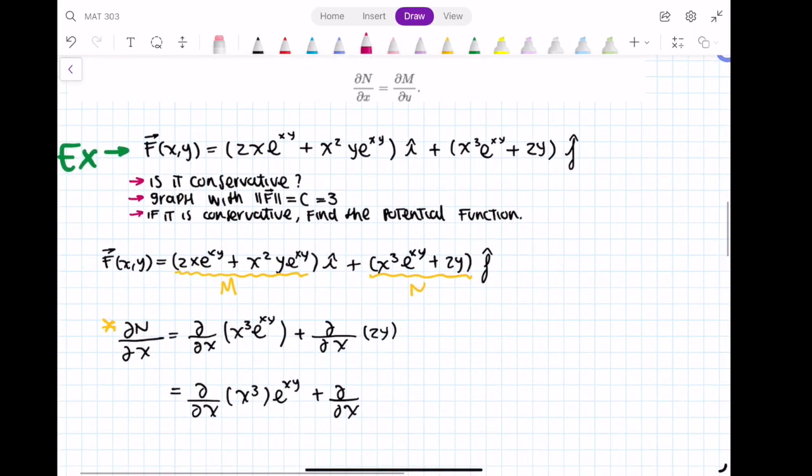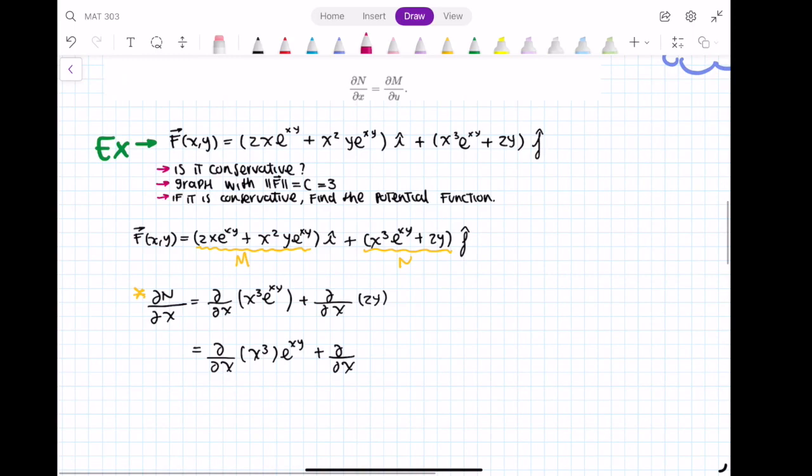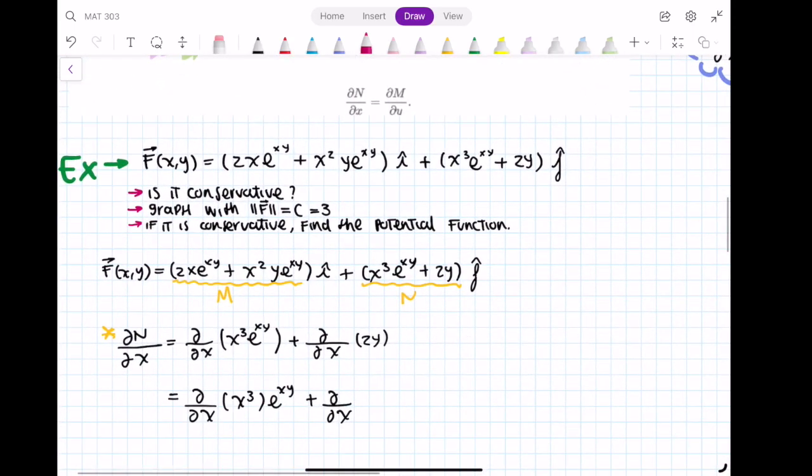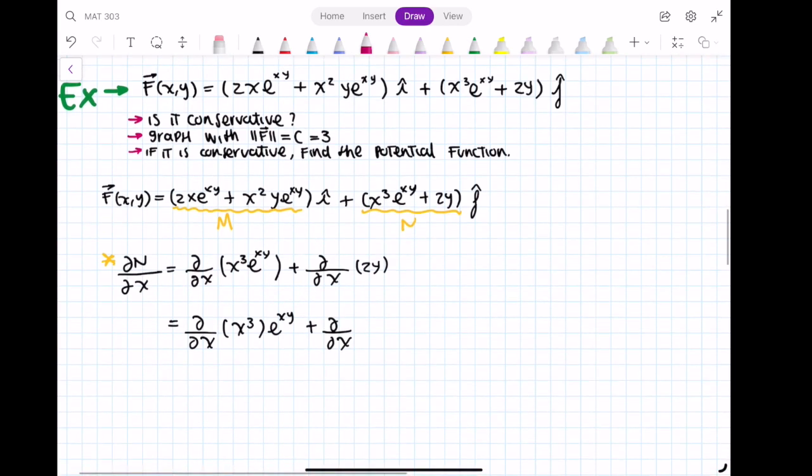So now we have an example that we can start to test. First we have to see if the function we have is conservative. We have to graph it with the magnitude of 3.